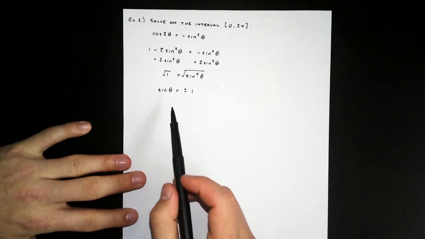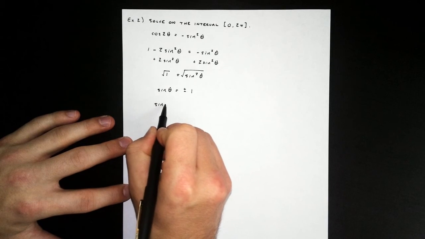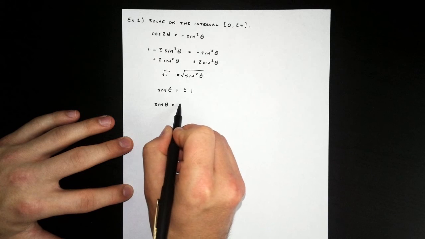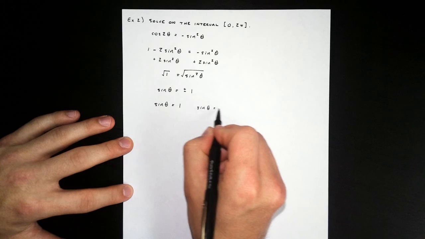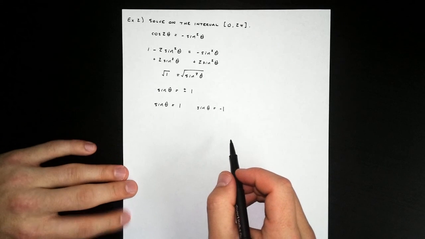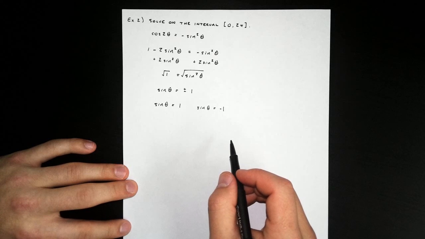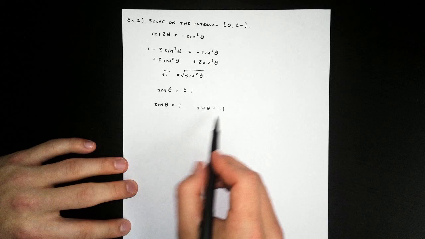Okay, so now our 2 options: we have the sine of theta, when is sine equal to 1, and then also when is sine equal to negative 1. So now using our inverses, or taking a look at the unit circle, figure out when is that y value equal to 1 or negative 1.